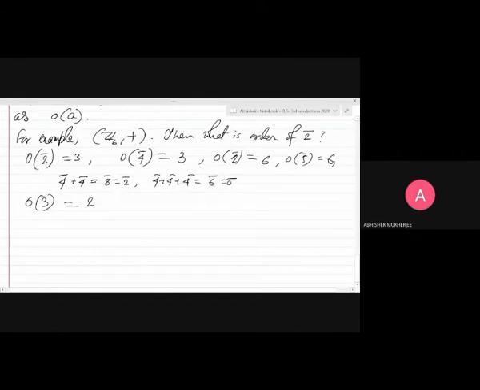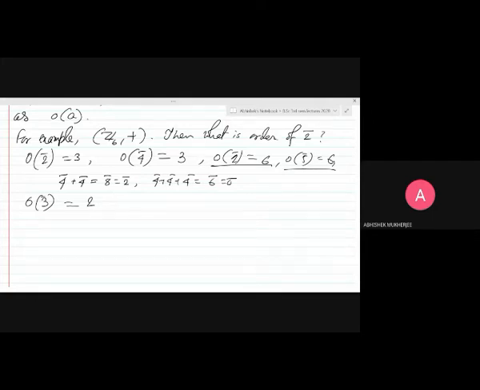Now, looking at the orders of the different elements of Z6, you will find that in the case of generators, the order coincides with the order of the group. The order of the class of 1 is 6, the order of the class of 5 is 6. Since these are the generators of Z6, their orders coincide with the order of the group, the number of elements of the group.